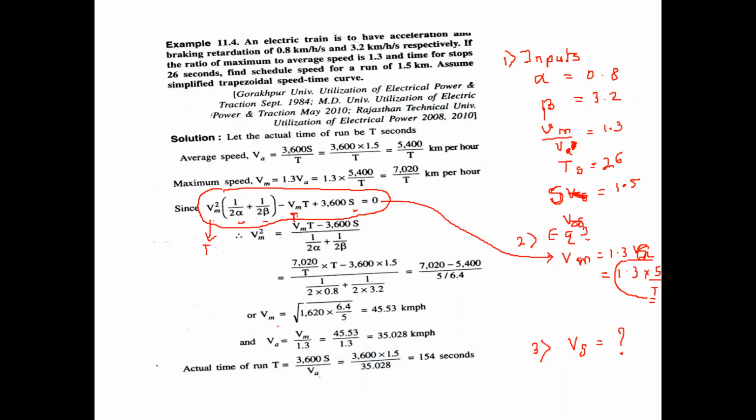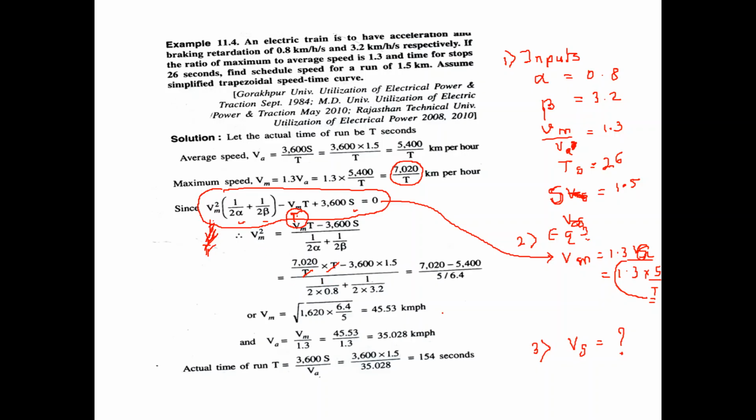I think they have done the substitution of Vm over here, with the value 7,020 by T. So this T gets cancelled, and the T parameter cancels out.